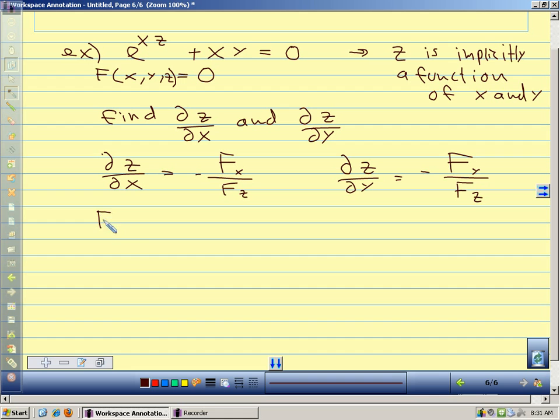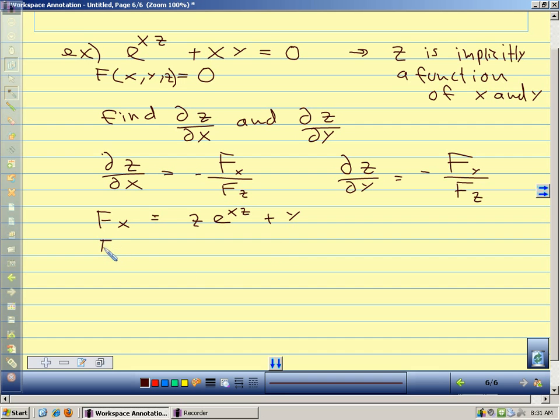So f sub x, the partial derivative of this function with respect to x, is what? z e to the xz plus y.